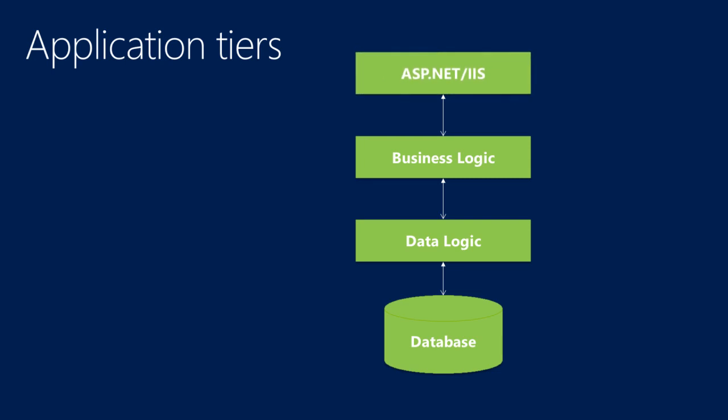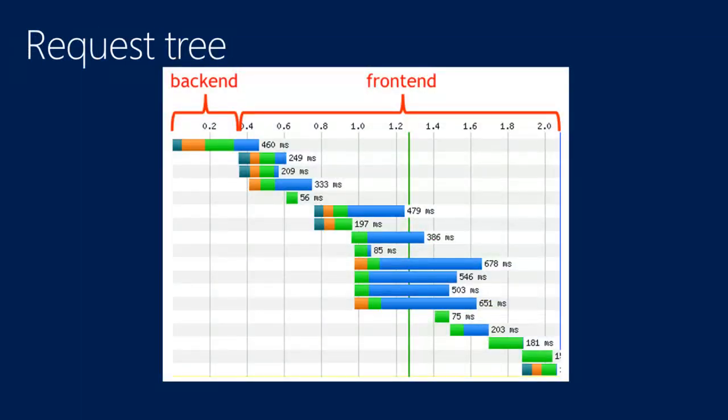And there's a reason for that. So here's a request tree. We've seen this in Fiddler and whatnot. So here's what's loaded on a website. At the very top, the bar you see there, that's our HTML page. That's probably where we display data that we got from our database, right?